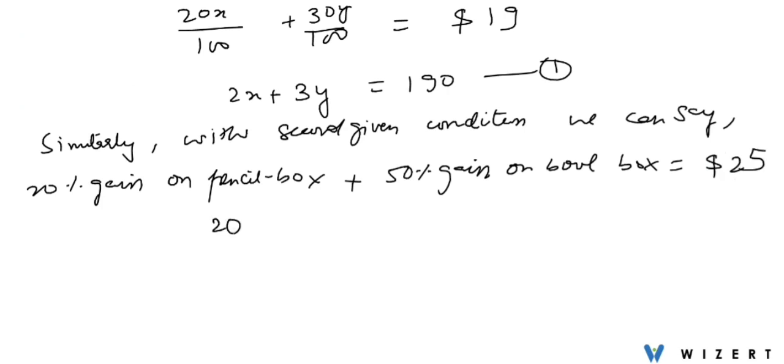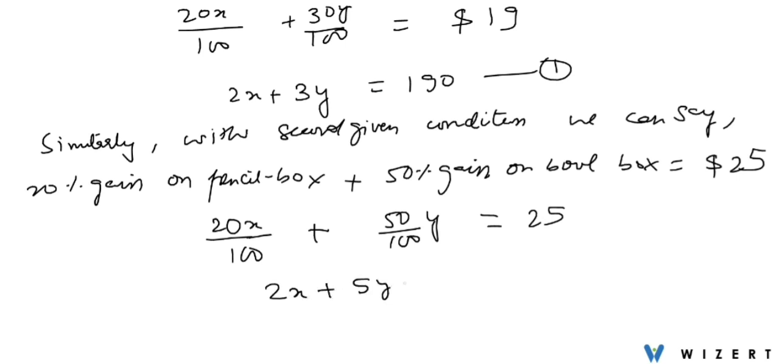So 20% gain on pencil box is 20x by 100 because the original price of pencil box is X. Similarly, 50% gain on bowl box will be 50% of Y. This is equal to 25. So again we will get a relation between X and Y, that is 2x plus 5y is equal to 250. Let this be the second equation.